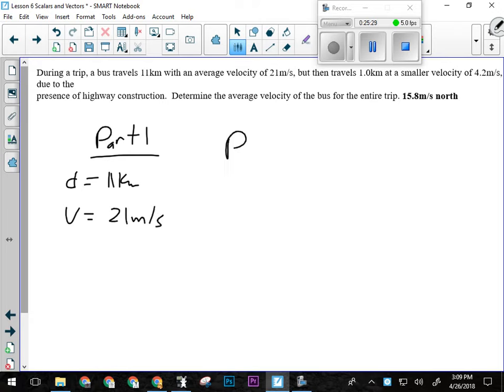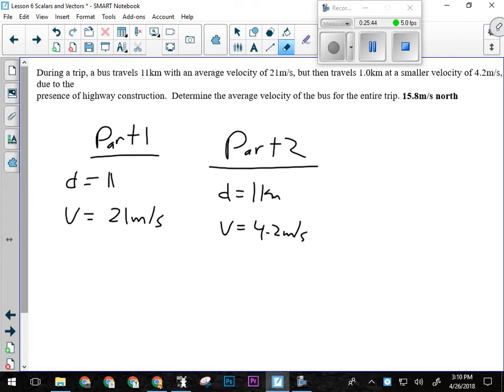Okay, and then in part two, it travels only 1 kilometer, and it does that at a smaller speed of 4.2 meters per second. All right, I'm going to want to turn these kilometers into meters so that they match the fact that my velocities are also measured in meters. Okay, so these are going to be 11,000 and 1,000 meters each.